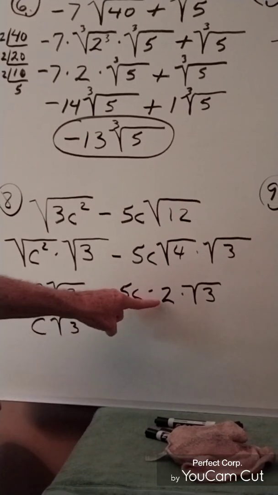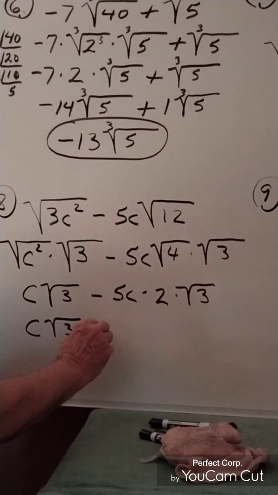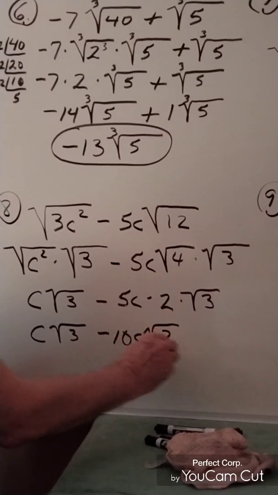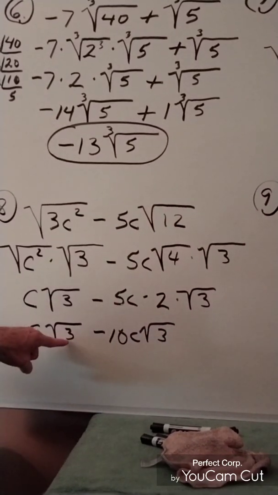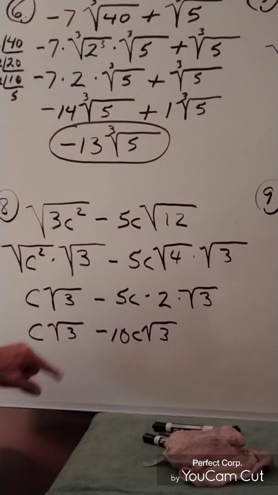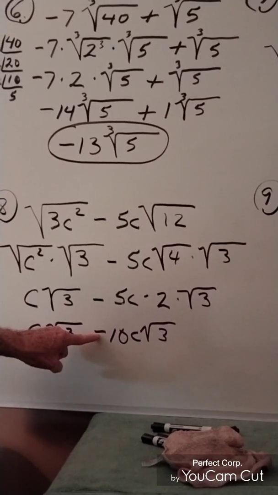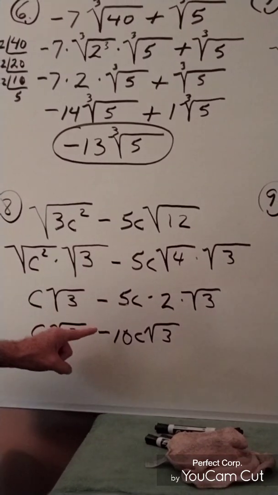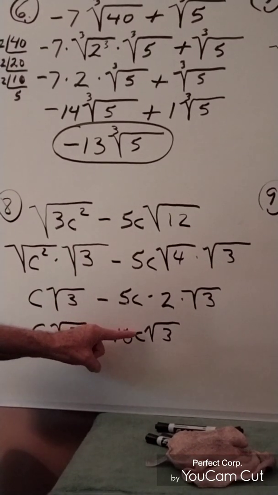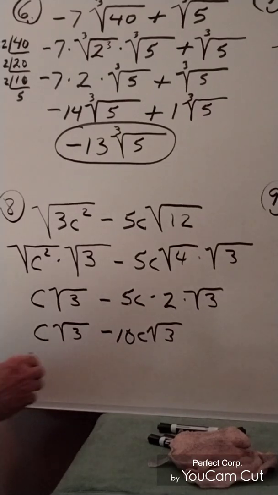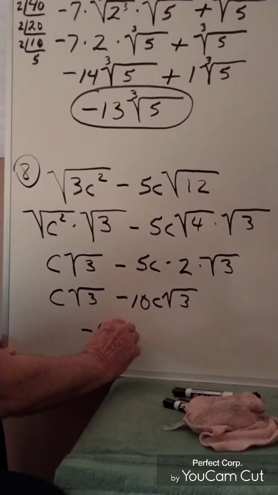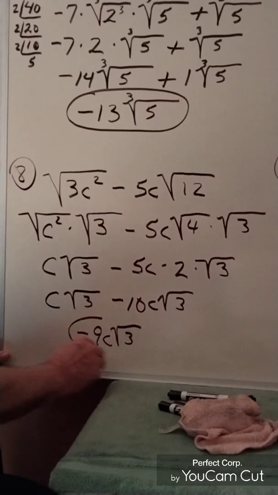Negative 5c times 2. Negative 10c root 3. We now have like radicals. We can subtract. Take the 1c here. Combine it with the negative 10c. Really subtract. Negative 9c root 3. Done.